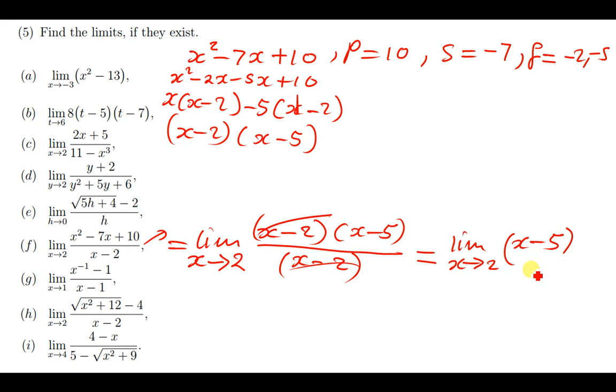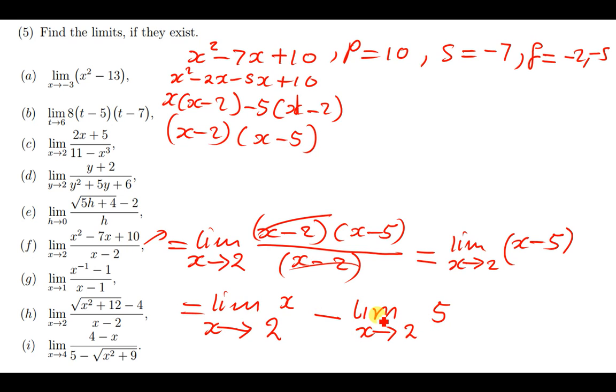So how do you find this now? Let me distribute it the way I said. You distribute this limit to x and to negative 5. So this is equal to the limit of x when x is approaching 2, minus the limit, when x is approaching 2 of course, of 5.